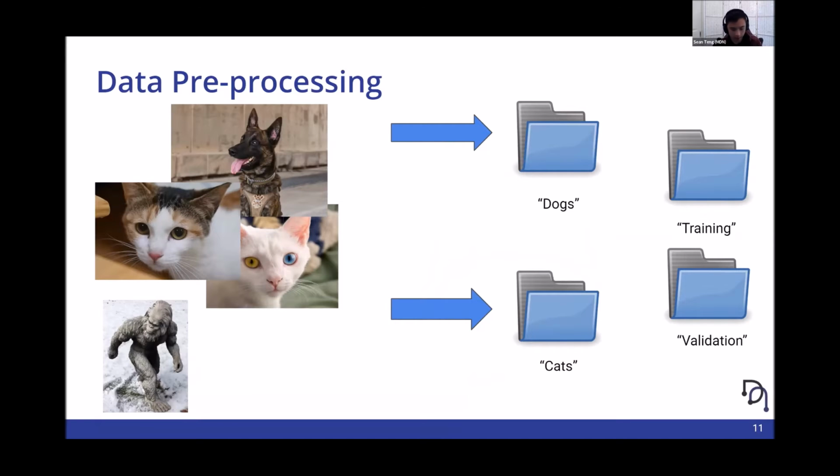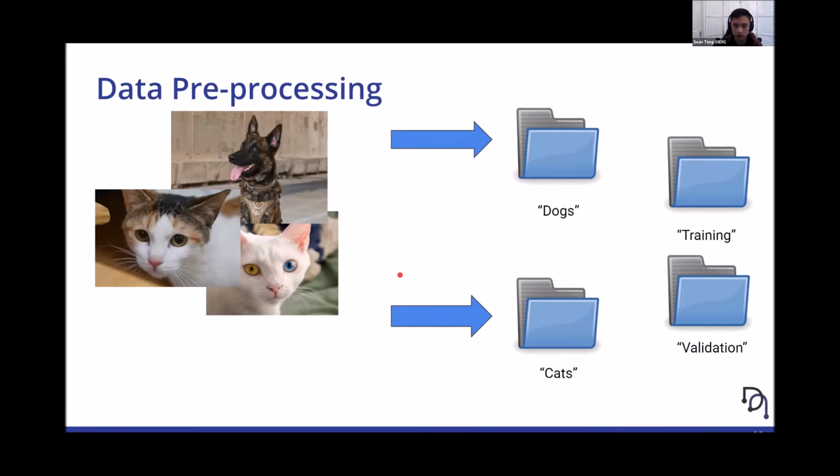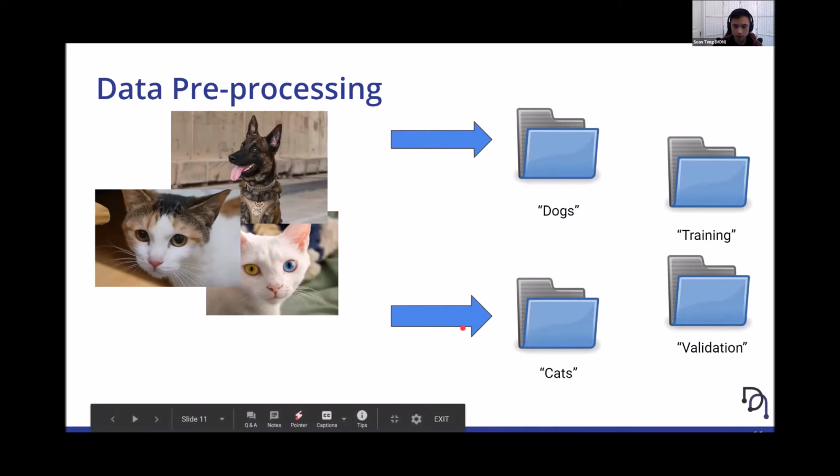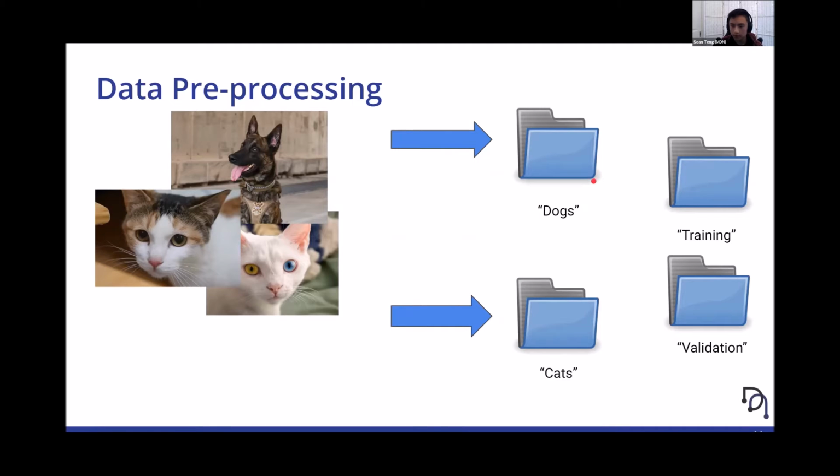You probably want to X them out. That's part of the data preprocessing process. So you want to be separating out the pictures into neat folders, deleting anything that is not relevant, and putting them into folders called training and validation, but we'll go into that in the next slide.